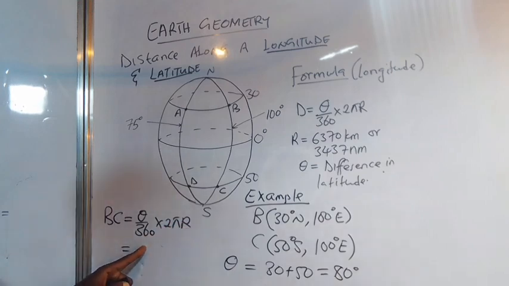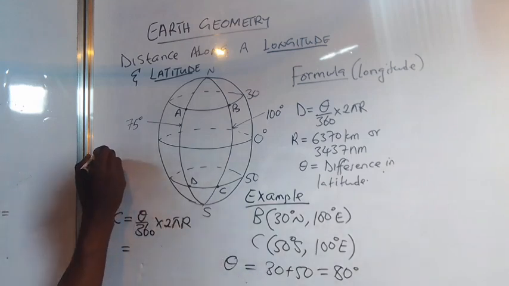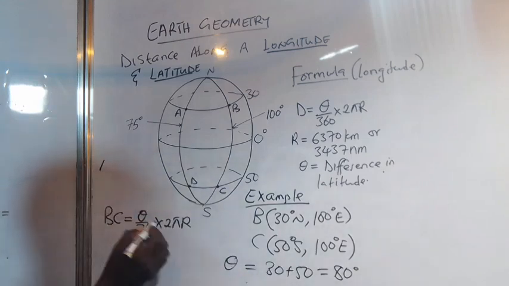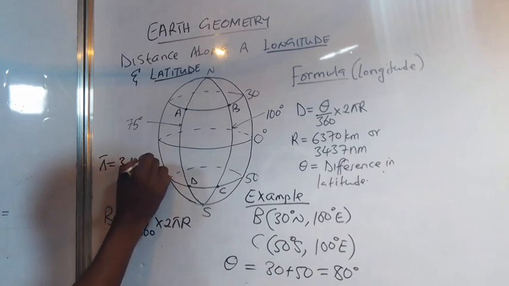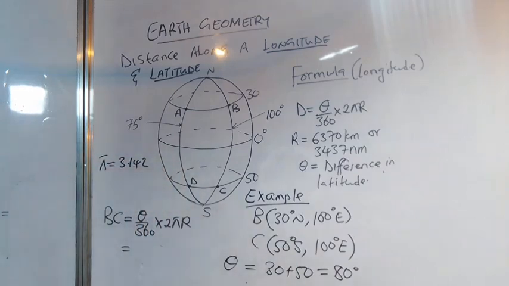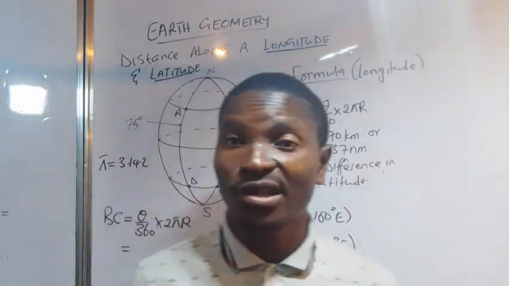Remember that pi could just be 3.142, just to make things simple, but it will actually depend on what the question is all about.